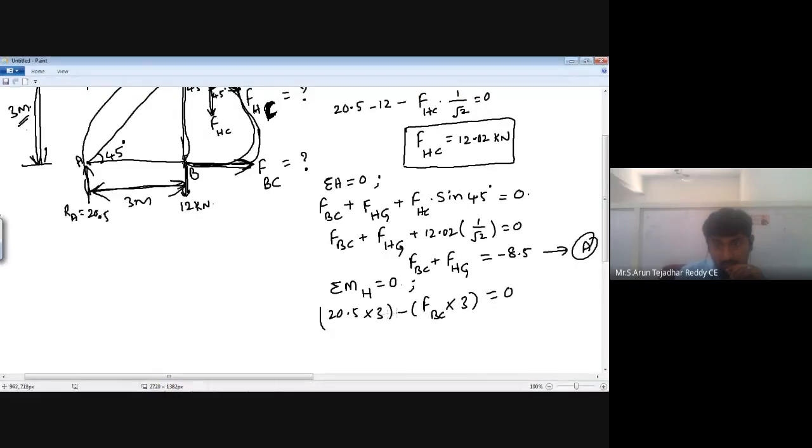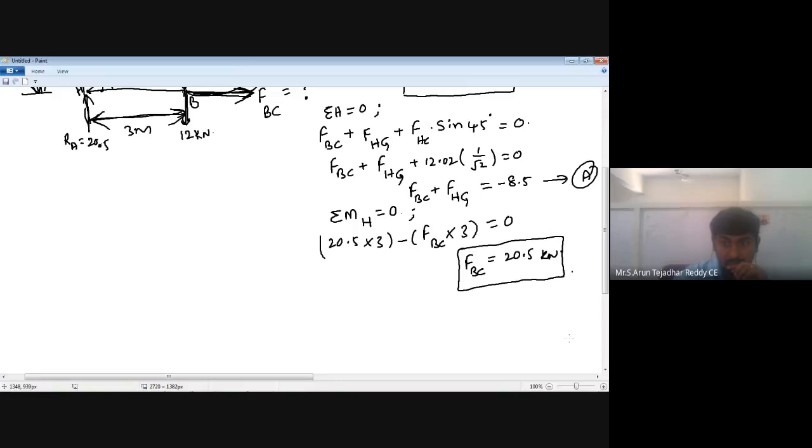Then enter these values, then you will get FBC equal to 20.5 kilonewton. Now another unknown is there, that is FHG. Simple.